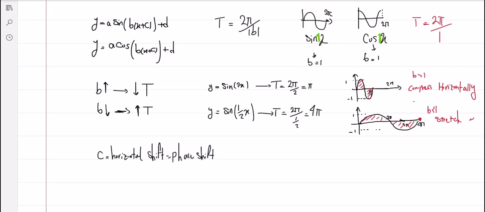So the c value could have two types of values. It could be a positive value, where c is more than 0, and it could be a negative value, where c is less than 0. If c is more than 0, in order to draw the function, we are just going to shift the function to the left by the value of c.